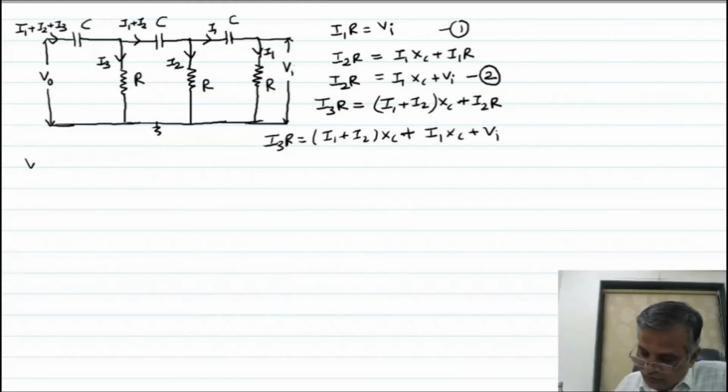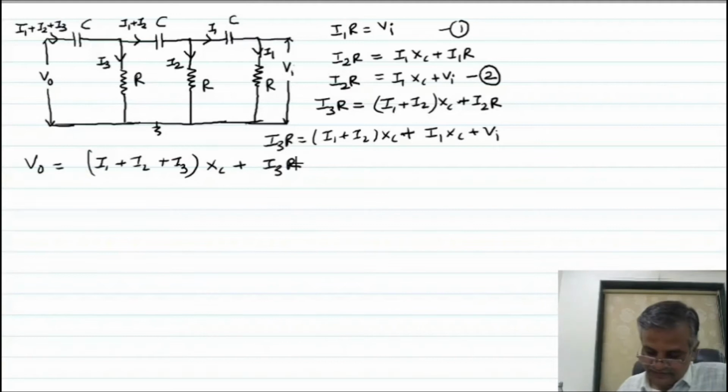Vo is equal to I1 plus I2 plus I3 into Xc plus I3 into R. Vo is equal to this voltage, I1 plus I2 plus I3 into Xc, plus I3R. So I put the value of I3R here.